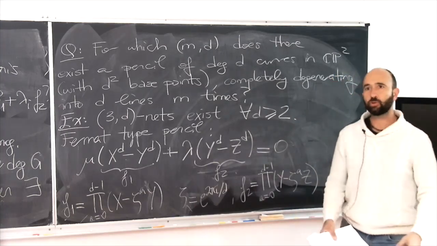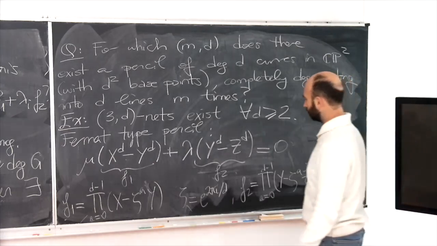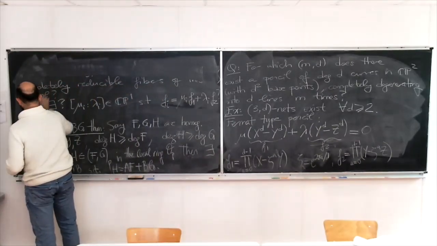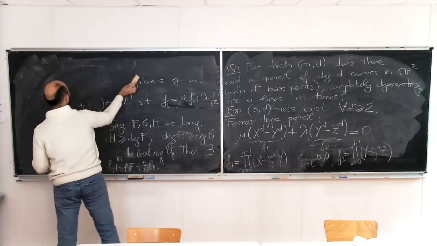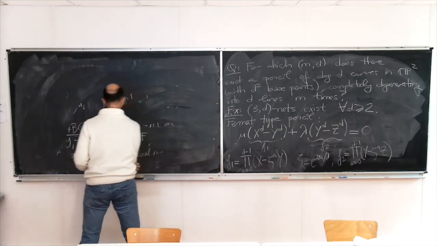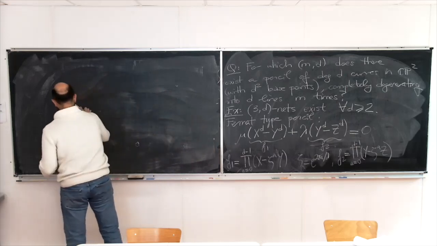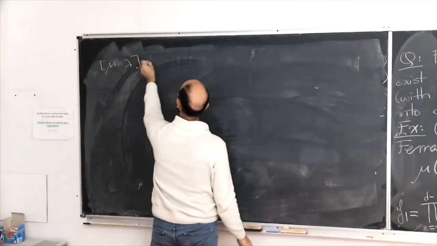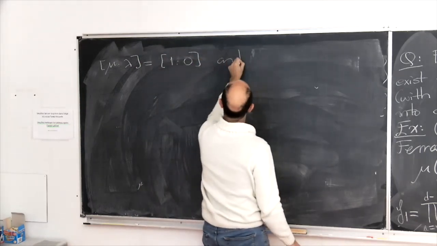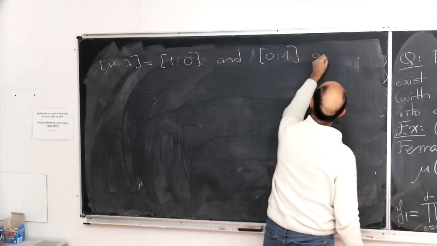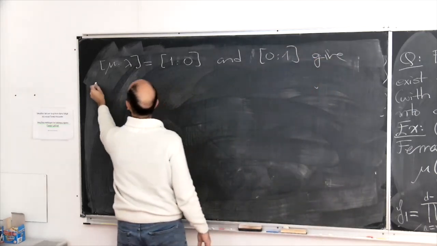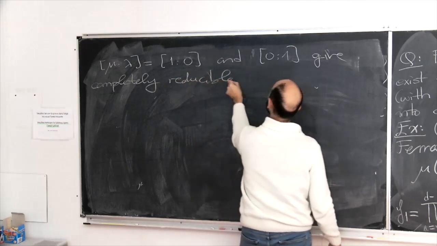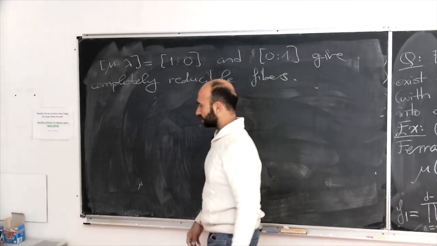Okay, so we have two completely reducible fibers for (mu, lambda) equals (1, 0) and (0, 1). But the upshot is there's one more.